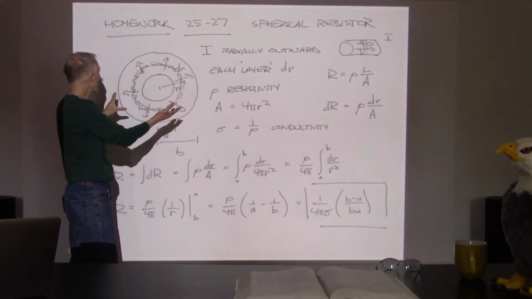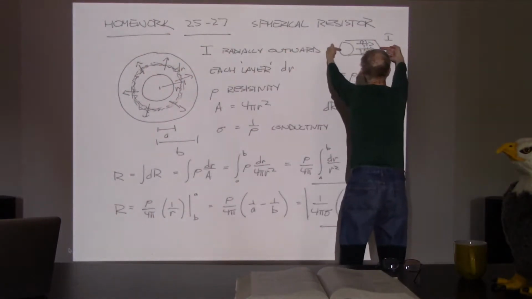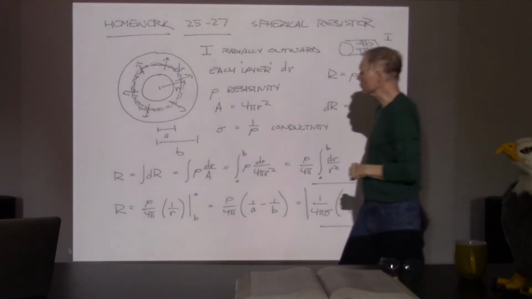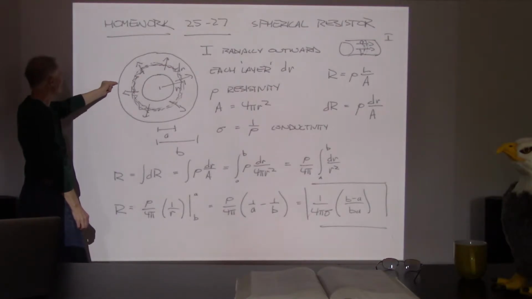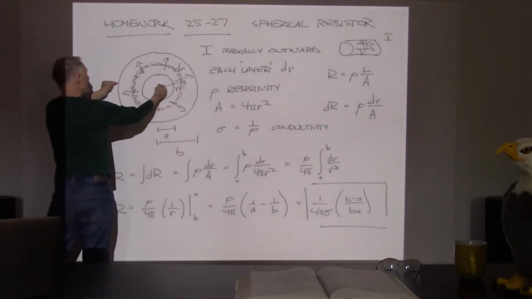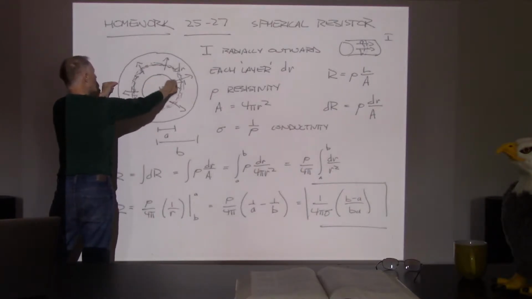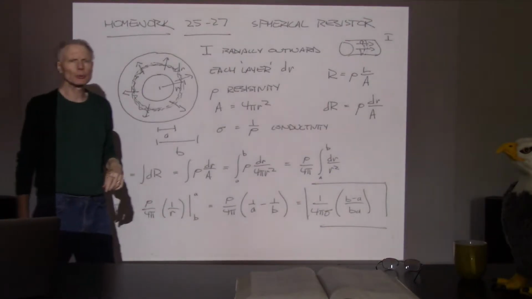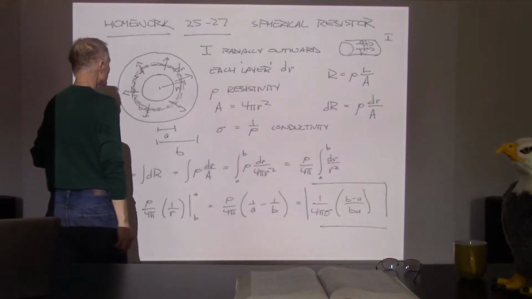So the sphere's been hollowed out, and instead of taking the wires and attaching them on the ends, which you would do on a typical resistor, what we're going to do is attach a wire to the outer surface and attach a wire to the inner surface, and maybe put a conductive layer right around the sphere here and outside. It's a lot of work to go to, but we're going to do it. We're going to build a spherically shaped resistor.